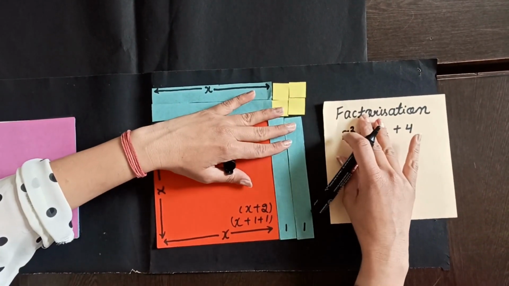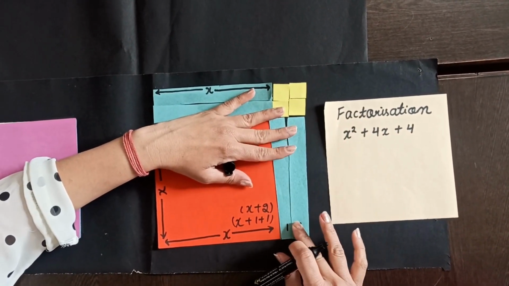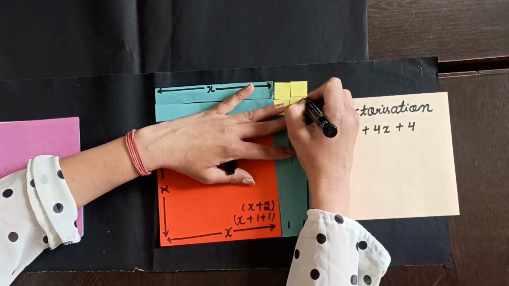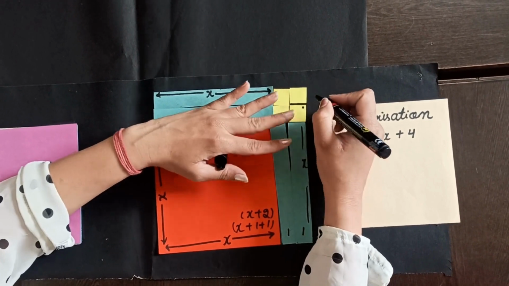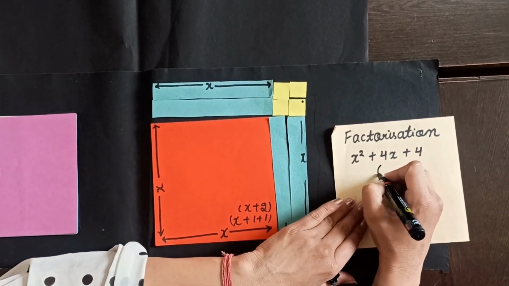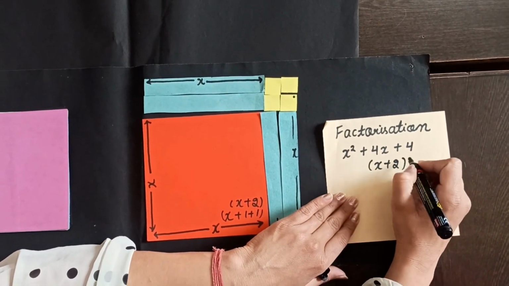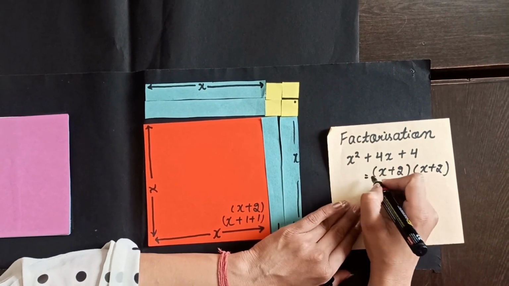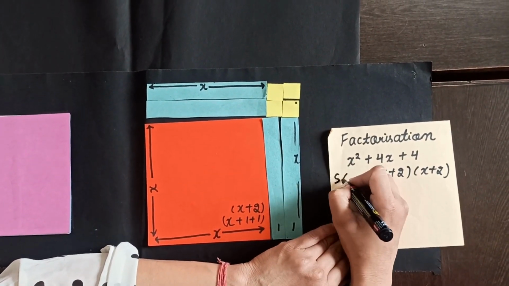Now let's see the other side. Here, as you know, this side is x, then counting the squares, 1 square, 2. So similarly, this side is x plus 2. So if we see the activity, the factors of this equation are the area of the square, that is x plus 2 into x plus 2, that is side into side.